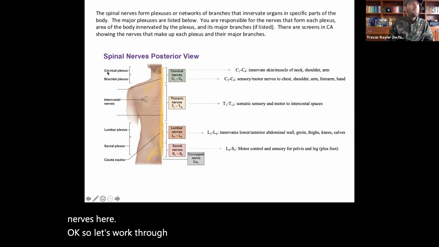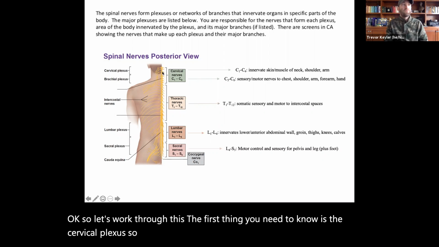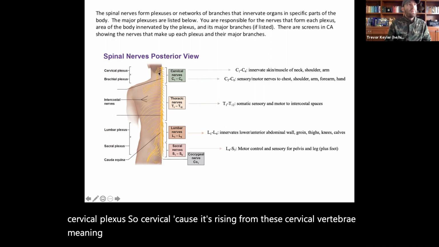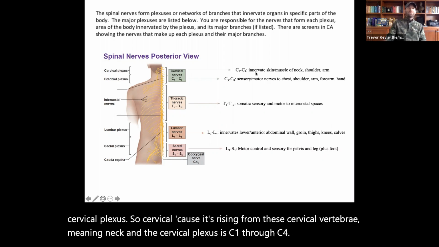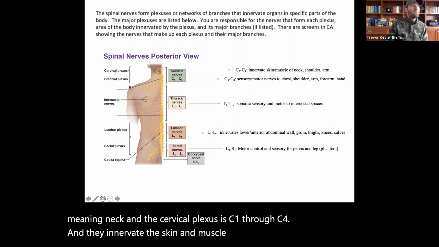The first thing you need to know is the cervical plexus. Cervical, because it's arising from these cervical vertebrae, meaning neck. The cervical plexus is C1 through C4, and they innervate the skin and muscle of the neck, shoulder, and arm.